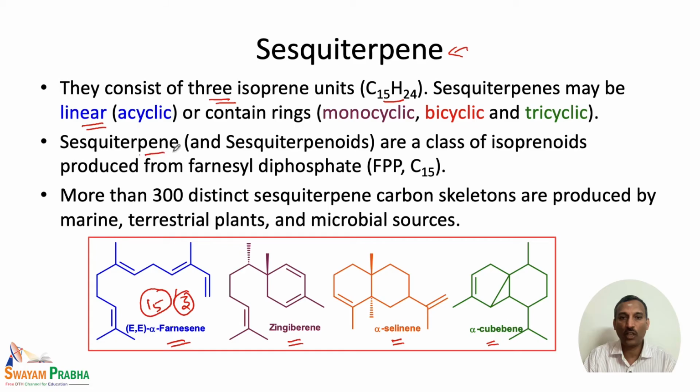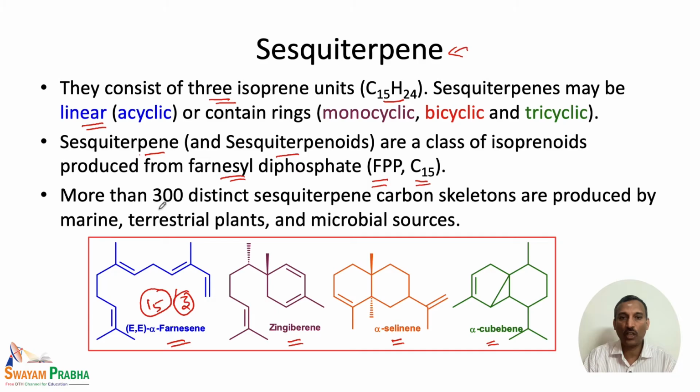Both the sesquiterpenes and sesquiterpenoids are formed from farnesyl diphosphate; the biosynthetic pathway starts from farnesyl pyrophosphate. So, that is the C15 unit responsible for the formation of various sesquiterpenes.